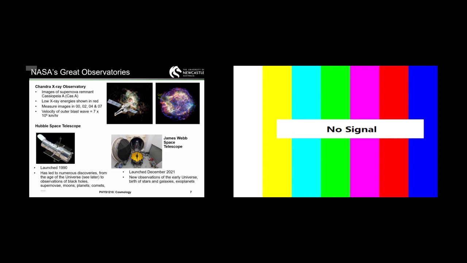NASA is the one that more people would have on their t-shirt than probably any of the others. That's the one that you tend to have heard of. NASA has had lots of different observatories looking at objects out there in the universe. One of them is Chandra. Chandra is particularly focused on X-ray wavelengths.